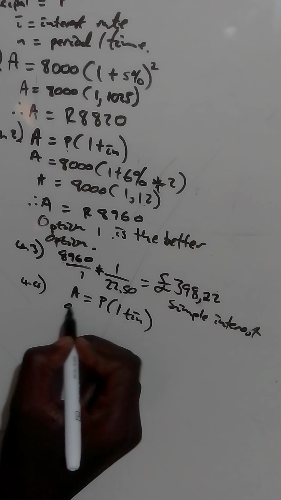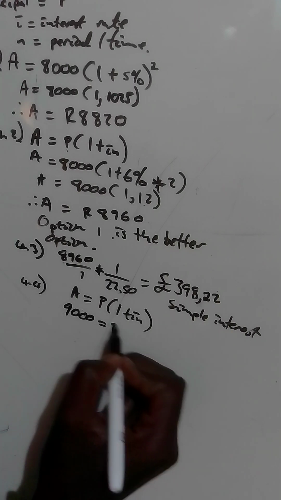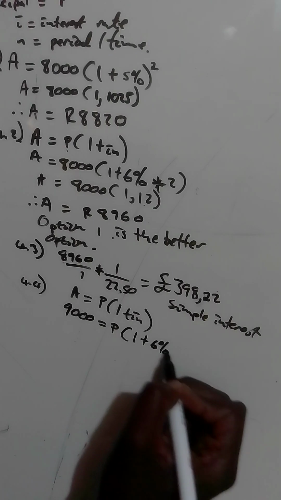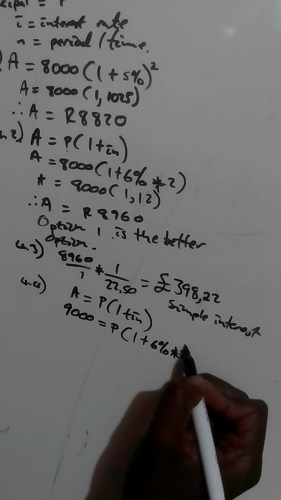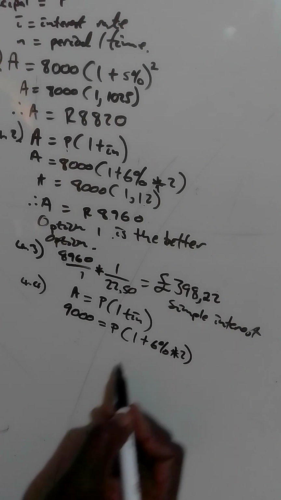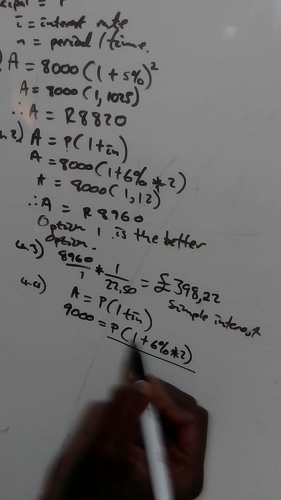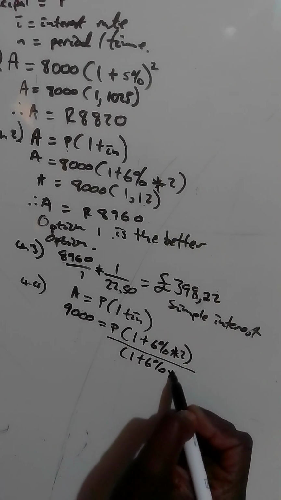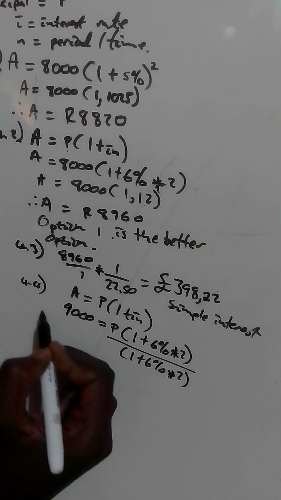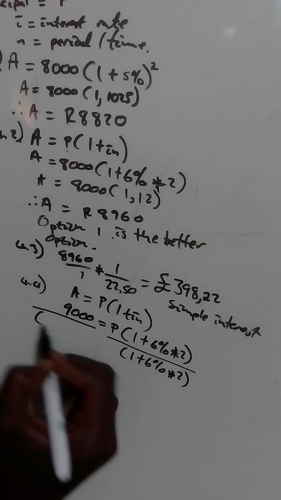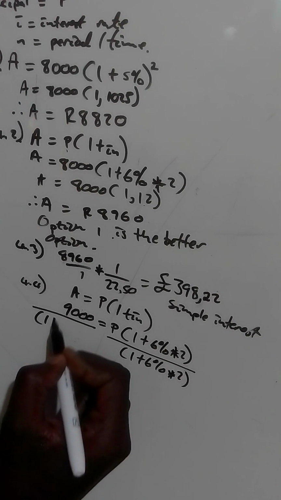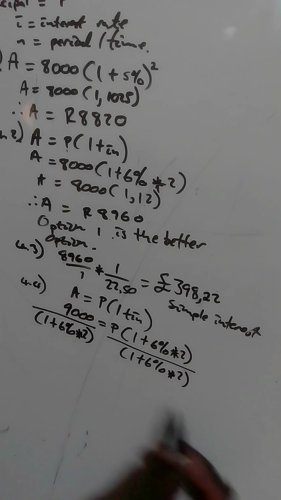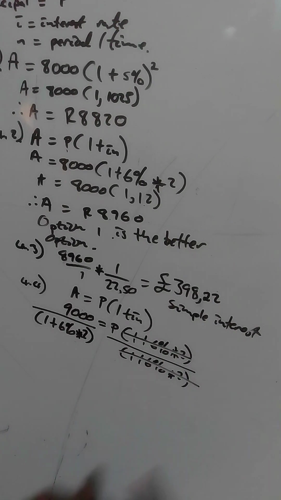So the future value is still 9,000. We do not know the principal. 1 plus the interest rate is still 6% and multiplied by 2 years inside the bracket. Now, we still say divided by this figure, which is open bracket 1 plus 6% multiplied by 2, and I do the same thing on the left-hand side where I say 1 plus 6% multiplied by 2, and then this divided by that, it gives us 1.